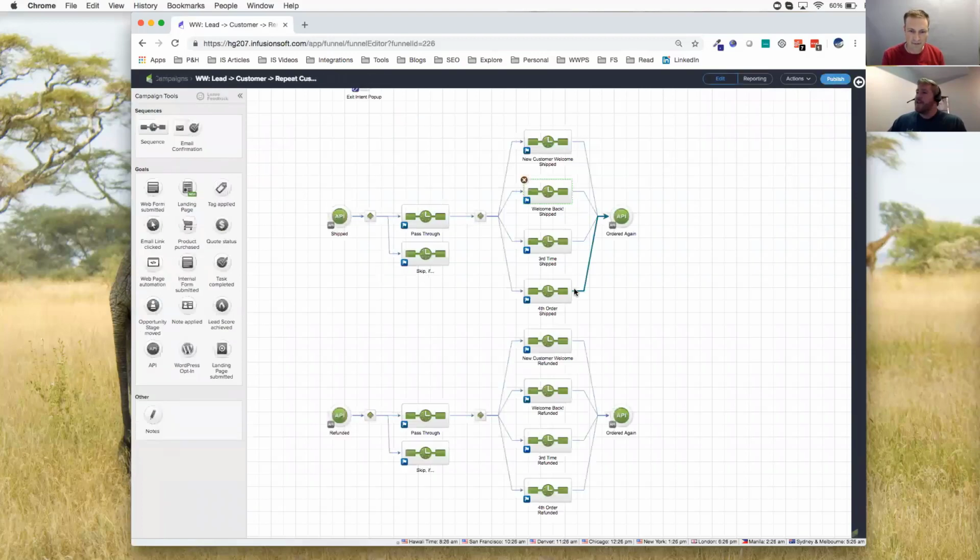Yeah, and the only other thing that I'll mention is if someone makes it down here, I pull them out of automated emails entirely, right? So that's where the skip if comes into play, and I call these my big fish. So if someone has ordered with me 4 times, that person is of significant value to our business, so I don't want them to experience automation anymore.